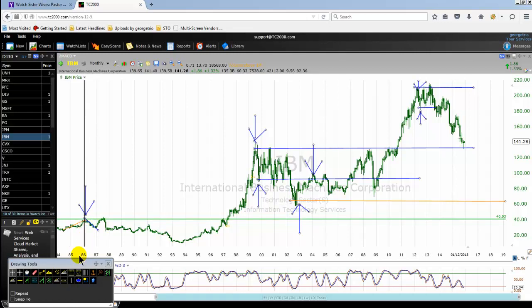So if a market participant sold a financial instrument at a specific price, in this case IBM stock at $40.93, then this price level of $40.93 is a resistance level. Why?